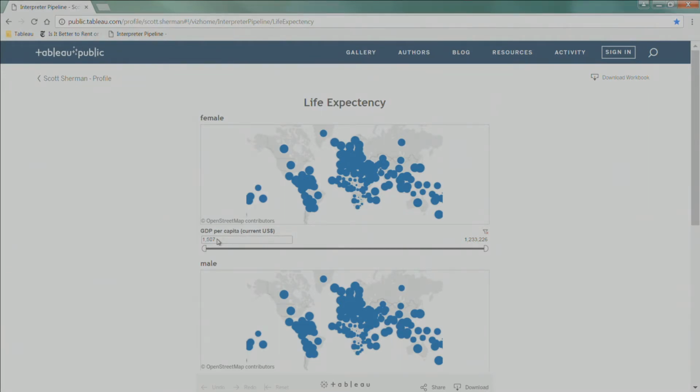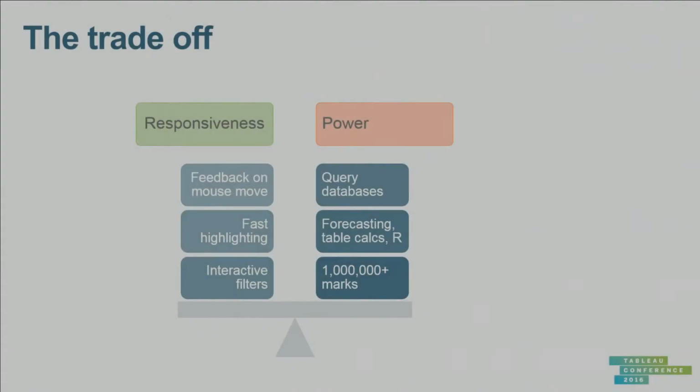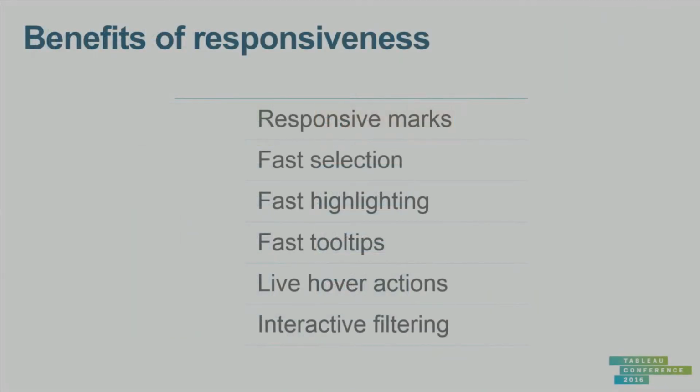So I'm going to talk about both how we did this and how this doesn't actually cover all cases, and some of the challenges of getting more responsiveness in more cases and what we're doing about that. So the kinds of things you think about when you are thinking of responsiveness, there's what we call responsive marks.